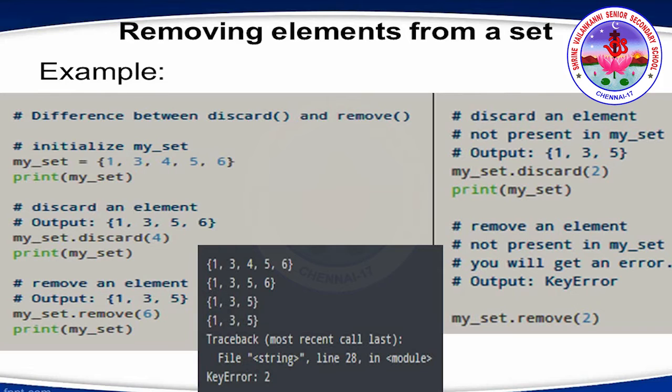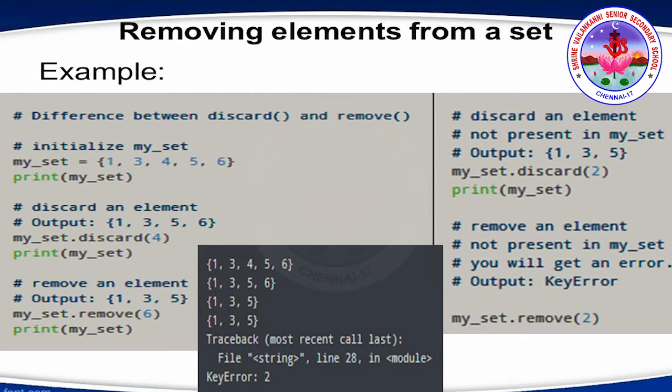Now my_set.remove(6). Here we are trying to remove 6. So 6 is removed and 1, 3, 5 is being printed. Now we are going to check whether we are able to remove an already removed item. This will tell you the difference between discard and remove. Here my_set.discard(2). 2 is already removed and we have only 1, 3, 5.